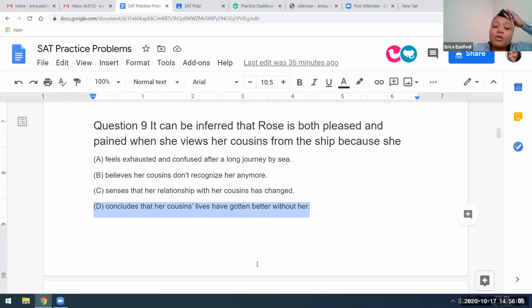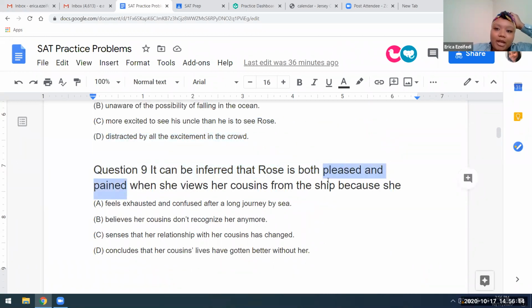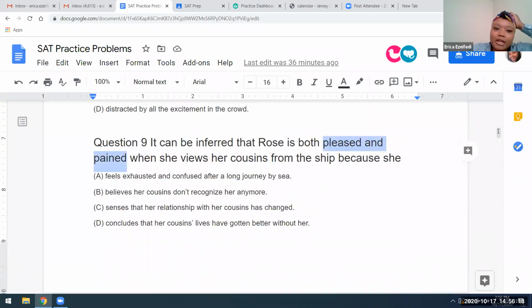Now, if you remember from the question, we want to see where she's both pleased and pained. This answer would just point to her being pained, because I don't think she would be pleased with her concluding that her cousins would be better without her.